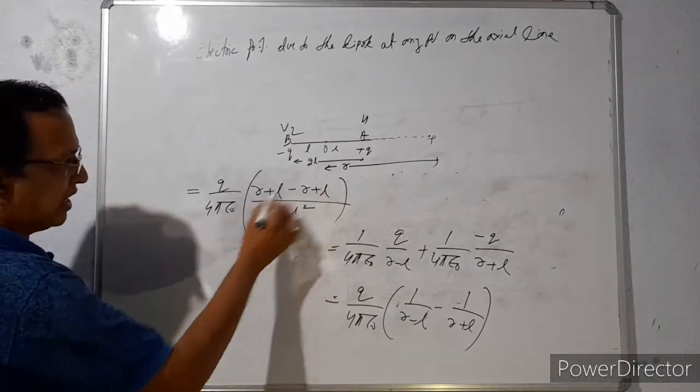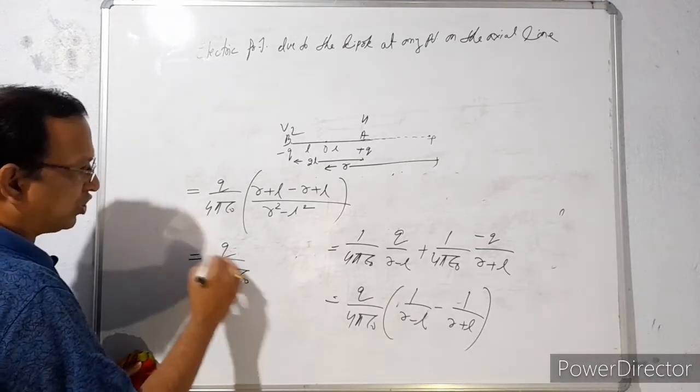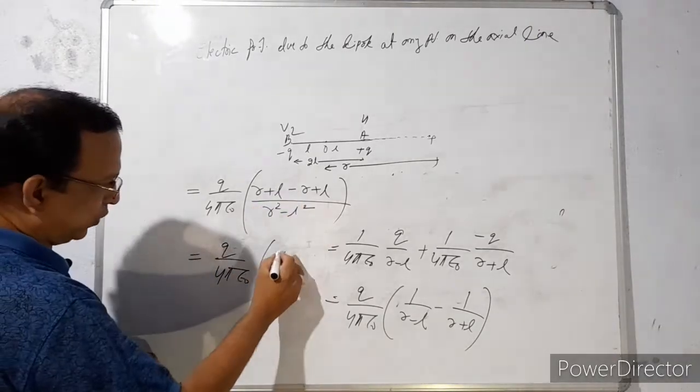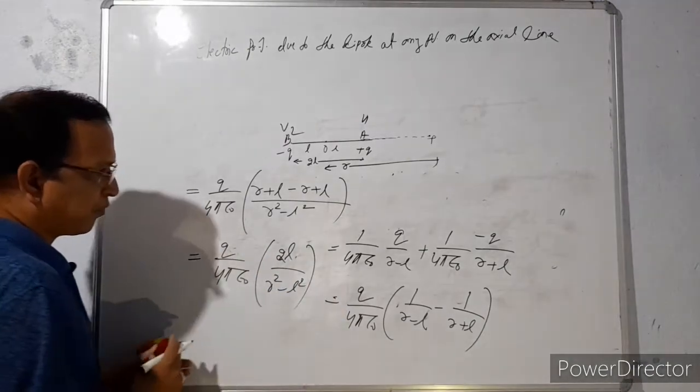Okay. R cancels. So that is equal to Q by 4 pi epsilon naught times 2L by R square minus L square.